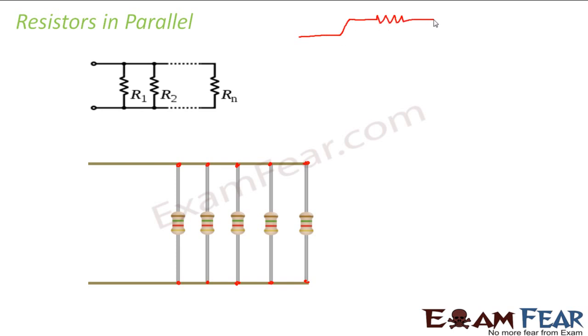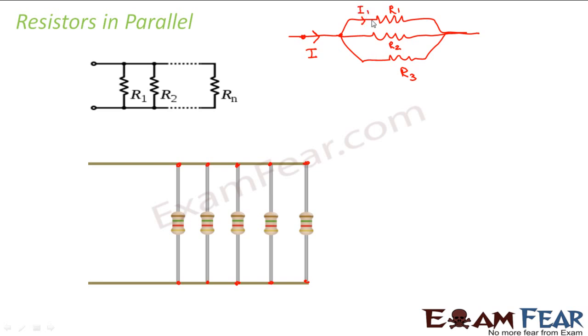Let us suppose we have 3 resistors R1, R2 and R3 which are connected in parallel. That is, one end of all of them is connected together, again the other end is connected together. Let us suppose this is R1, this is R2 and this is R3. So if current I flows in the circuit and it enters here, what would be the current flowing through each of them?